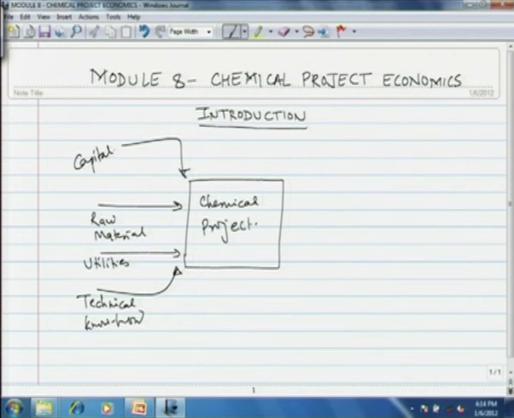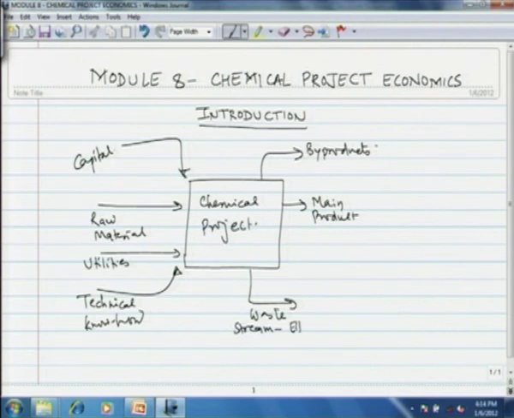And then there are several outputs: the main product, the byproducts which could be desired or undesired, and then we also get several waste streams which are known as effluent, which are in all three forms: solid, liquid and gas.